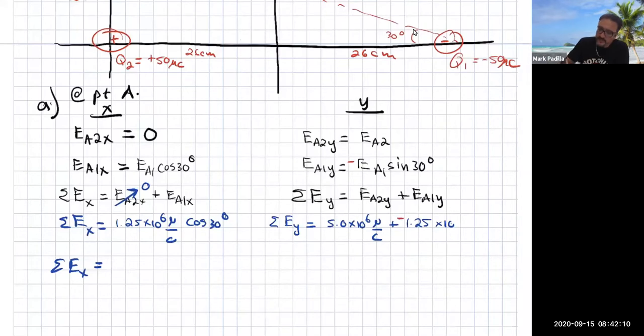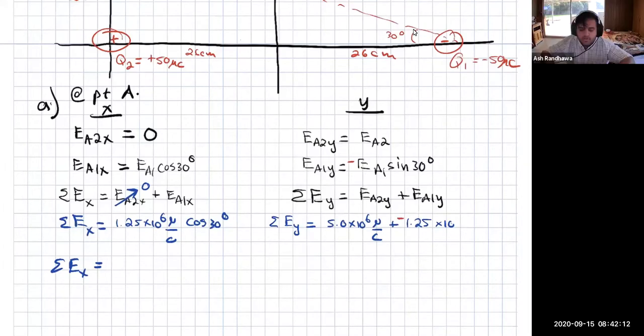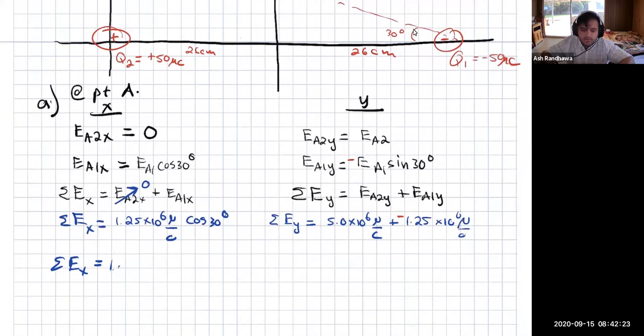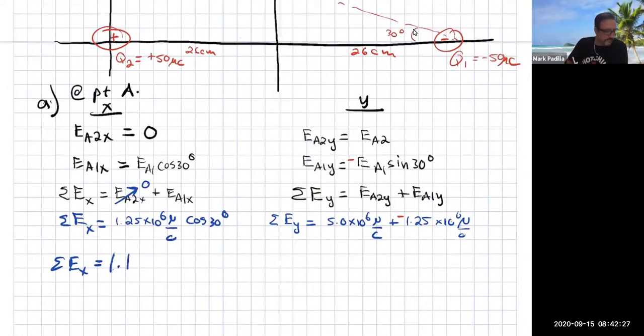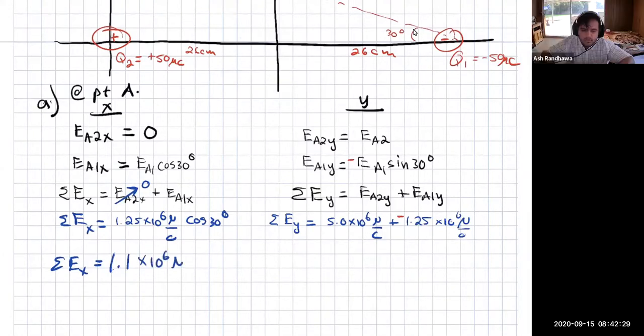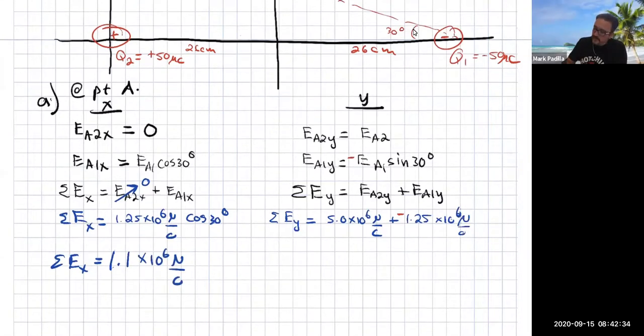Don't forget that negative. The sum of the E's in the X, it's going to be 1.1 times 10 to the 6 newtons per coulomb, or 1.08 times 10 to the 6. If anybody disagrees, please let me know.